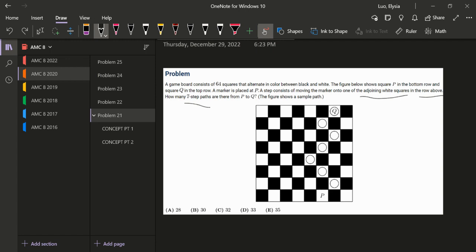Now, how many 7-step paths are there? So this is a 7-step: 1, 2, 3, 4, 5, 6, 7.